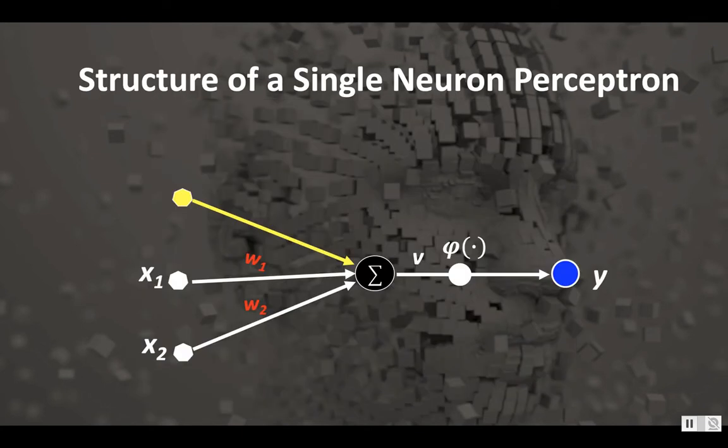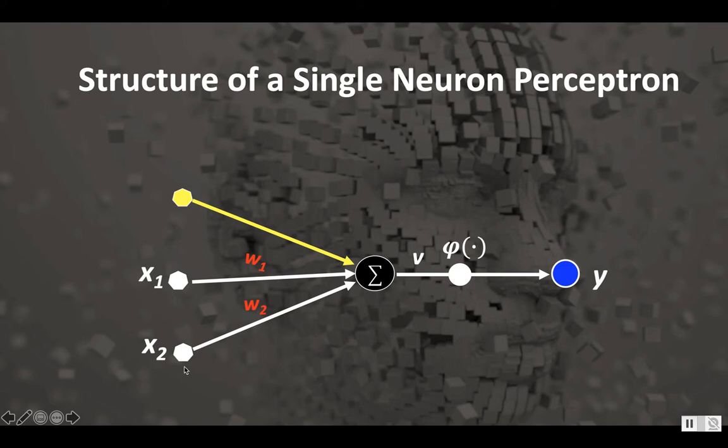In order to solve this problem, we need to figure out whether we can find such w1, w2, and w0. So here we construct a two-input, one-output, one-neuron perceptron. This is the perceptron we constructed.